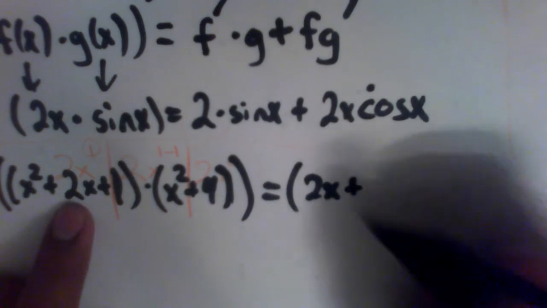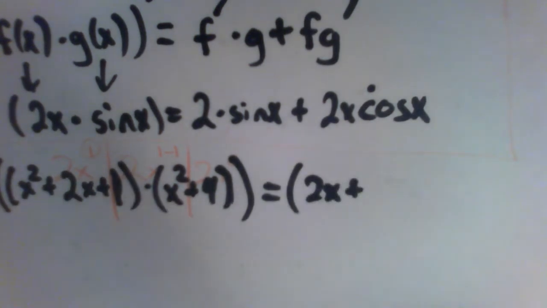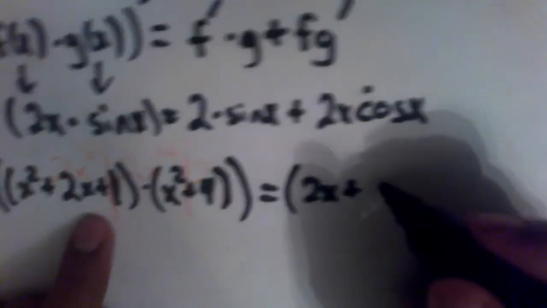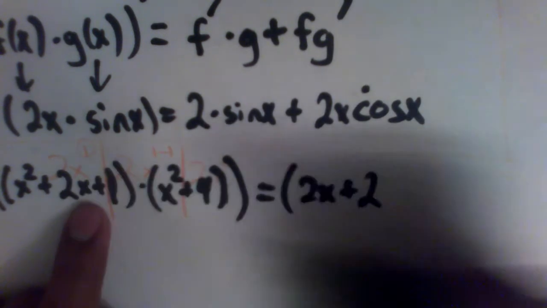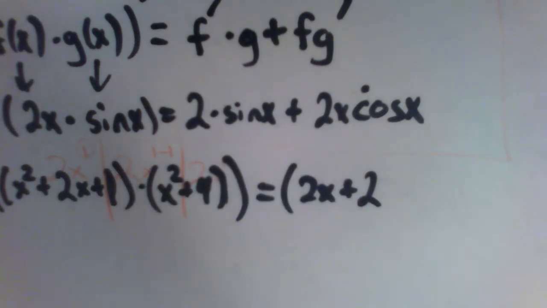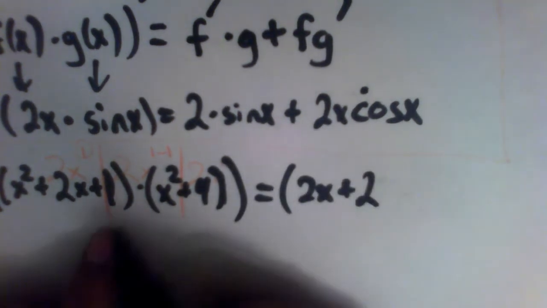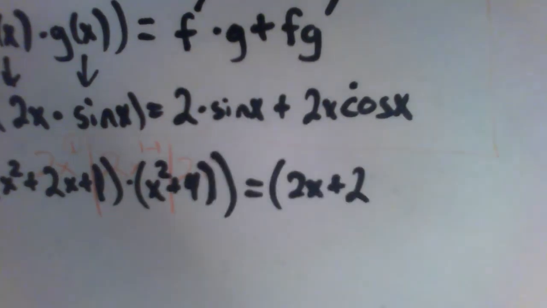Then plus, now we take the derivative of 2x. If it's 2x to the first, then 1 times 2 is 2, and x to the first power minus 1 is x to the 0th power, which is just 1 times 2, which leaves us with 2, right? And the derivative of any constant is 0. So I could say plus 0, but it won't matter.